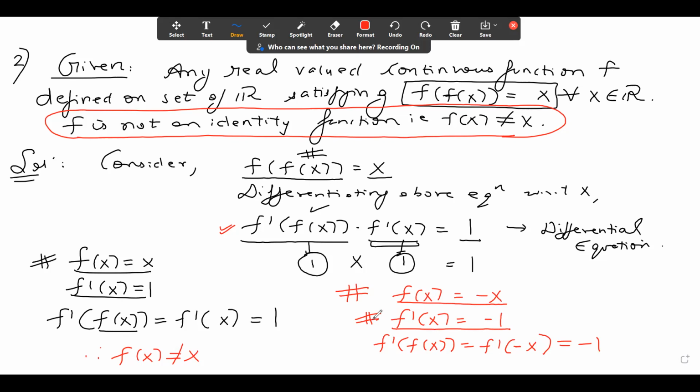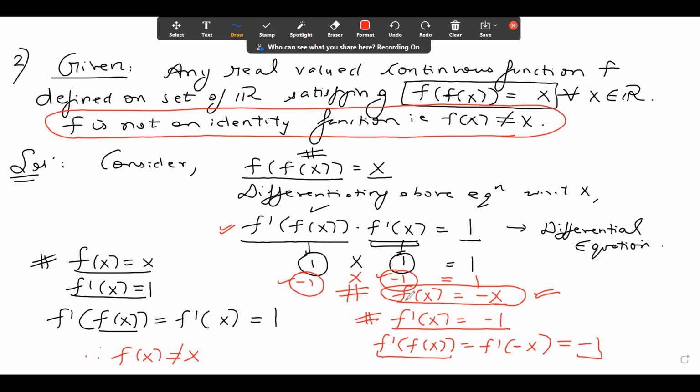So you can clearly see the product of minus 1 with minus 1 is also equal to 1. Because f dash of f of x has also come out as minus 1, multiplied by f dash x, which is also minus 1. So minus 1 into minus 1 is also 1. So I can say that f of x equal to minus x also satisfies the differential equation.